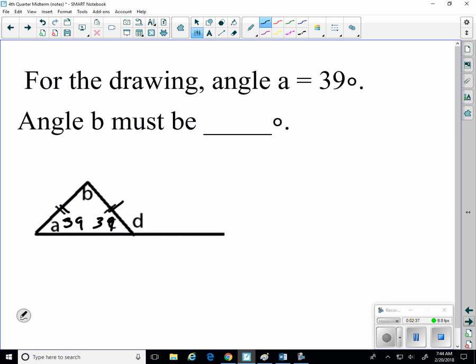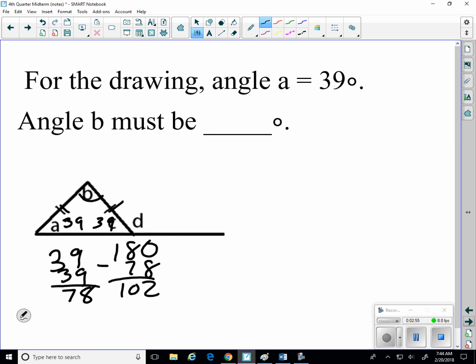And so angle B has to be whatever it takes to add up to 180. 39 plus 39 is 78. So 180 minus the 78 gives me 102. So B has to be 102 degrees.